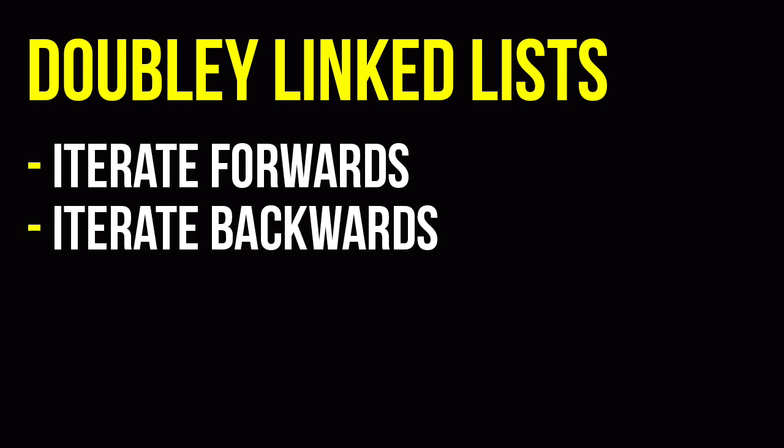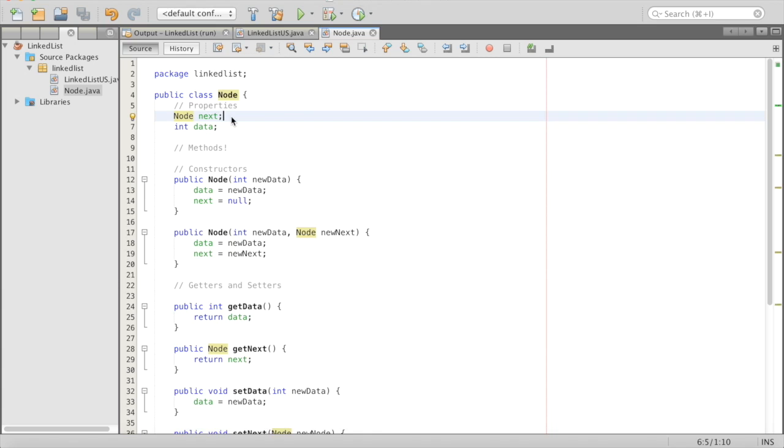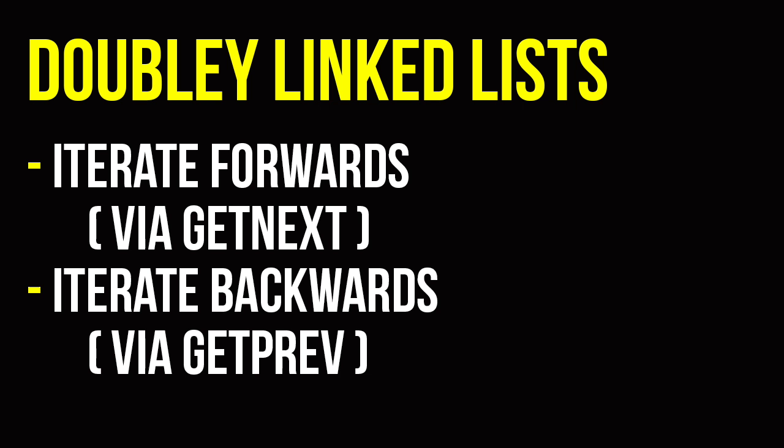So you can iterate both ways. And so in your node class here, you're gonna have a node next, and then you'd also have a node previous. And then you would do a bunch of stuff there, like down here, but that's hard and it gets deeper into harder stuff. Yeah. So I hope you learned something in this video.